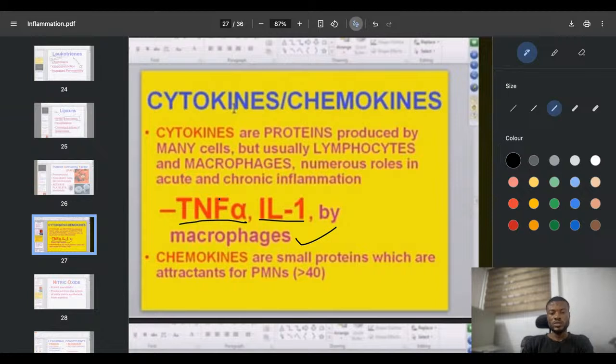Macrophages. So that is for the cytokines. Then we have chemokines. They are smaller proteins and they are attractants for the neutrophils, polymorphonuclears. Chemokines, I think they are also very active in chemotaxis and all that.